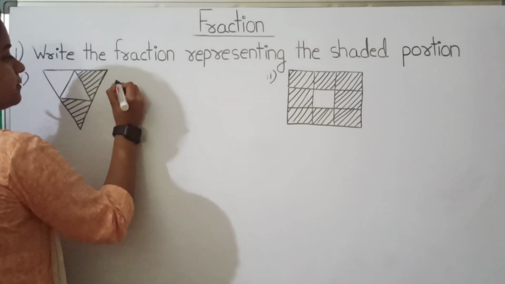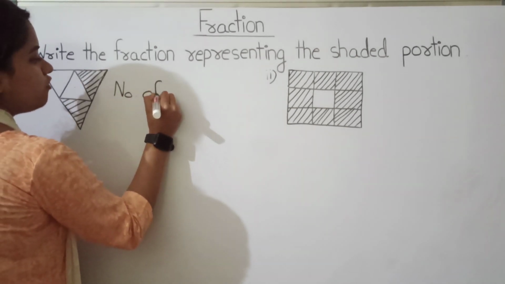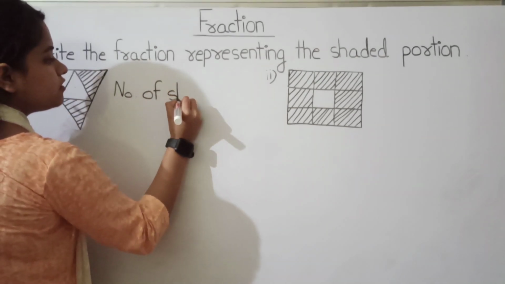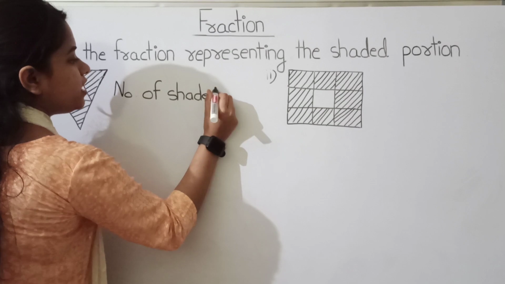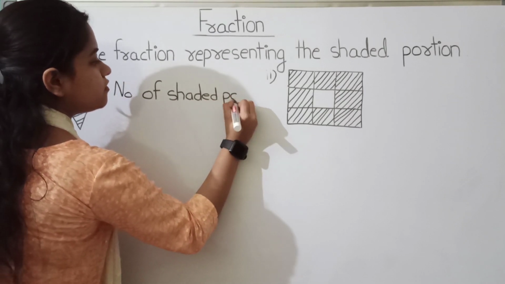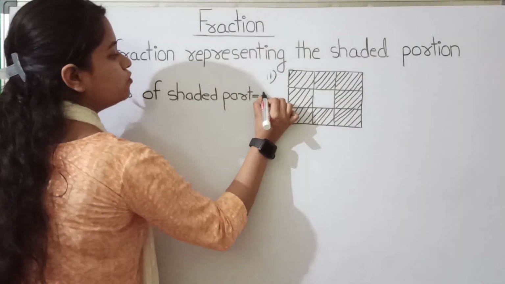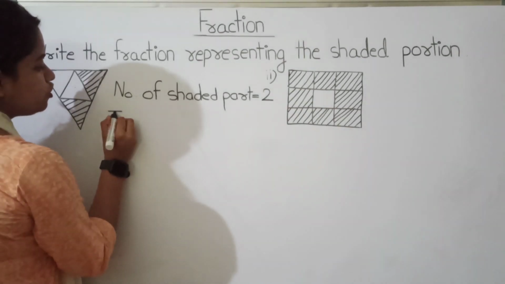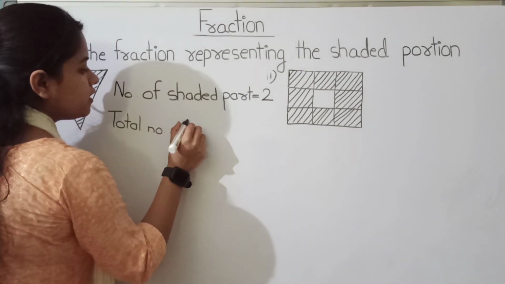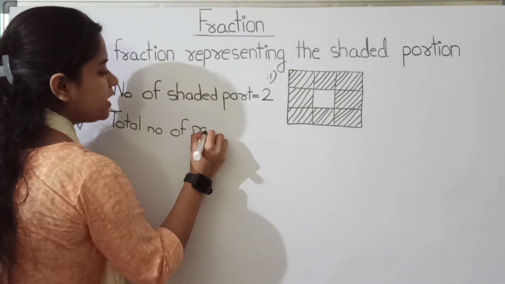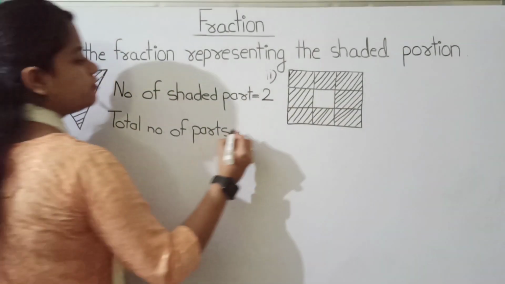So we can write that number of shaded parts is equivalent to 2, and total number of parts are how many? 1, 2, 3 and 4.